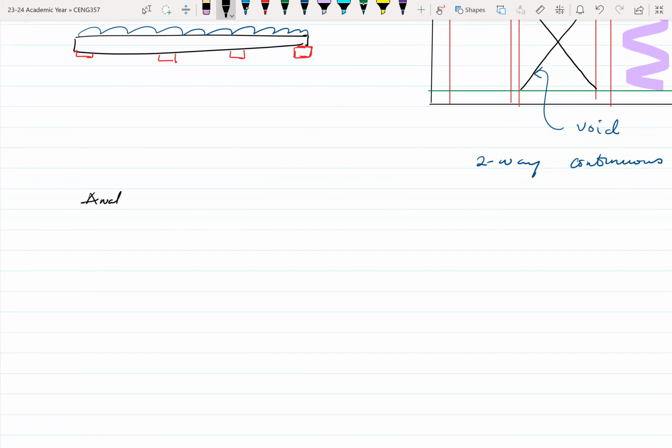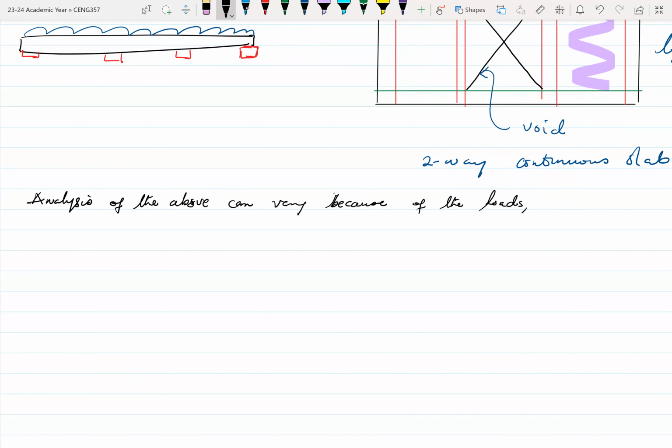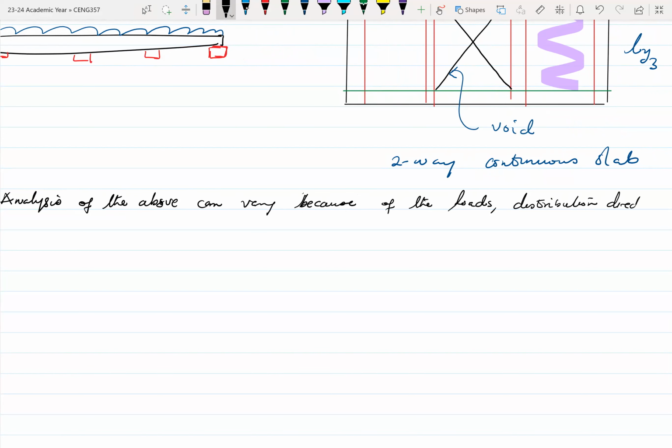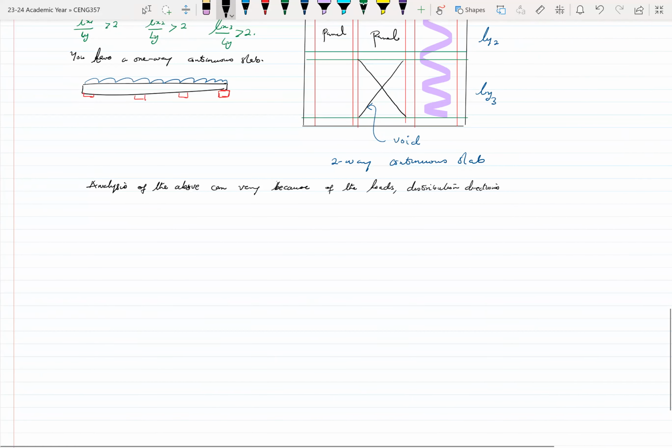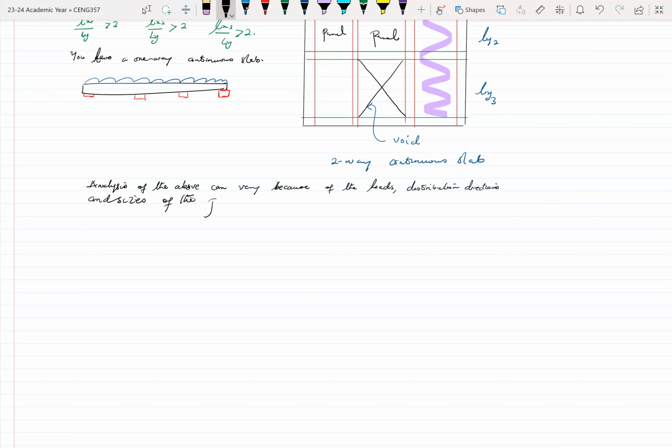Analysis of the above can vary because of the loads, the distribution directions of the load, and sizes of the panels. Okay, right.